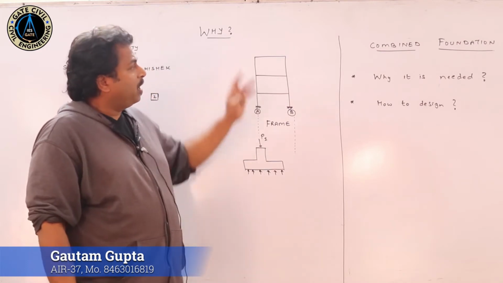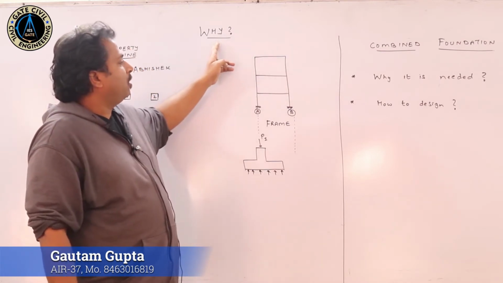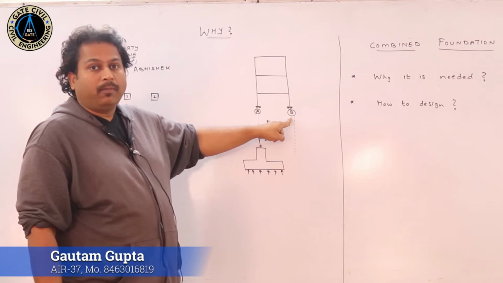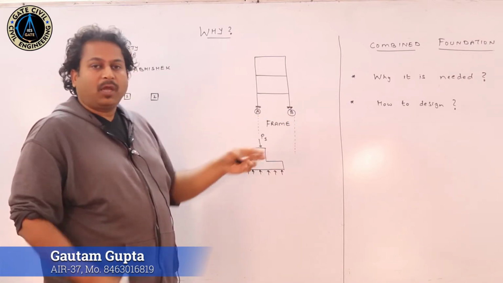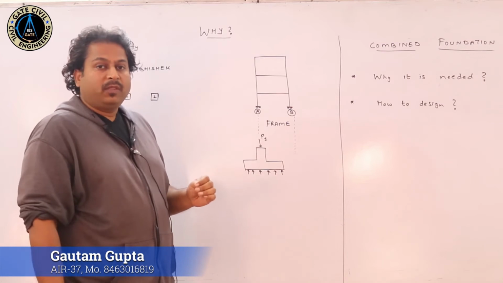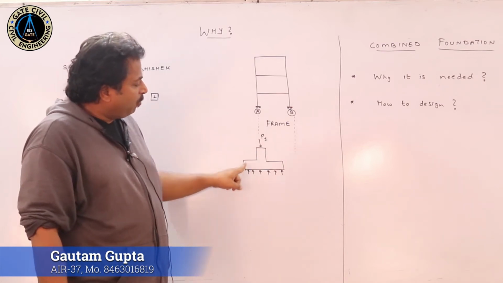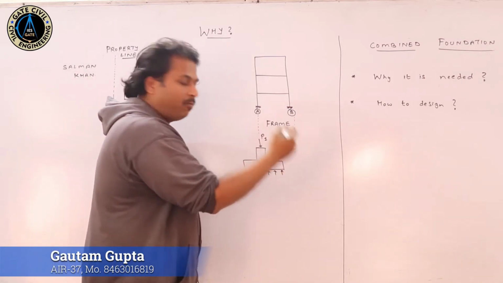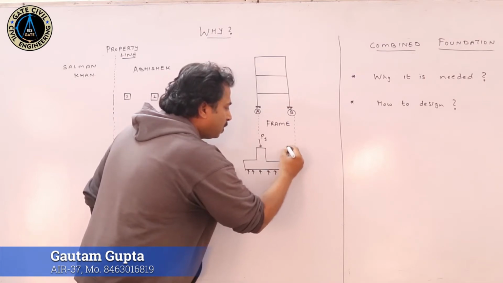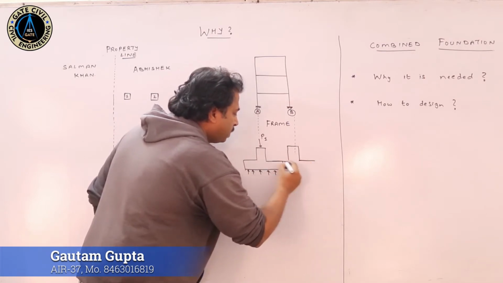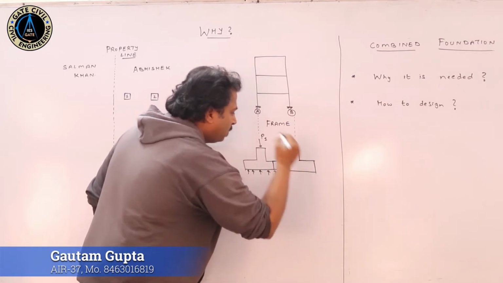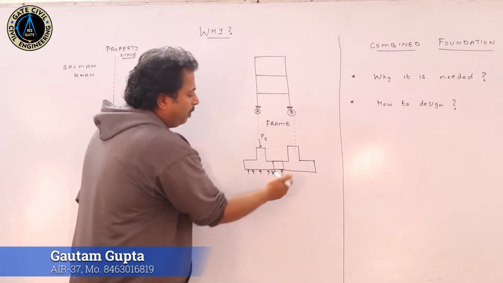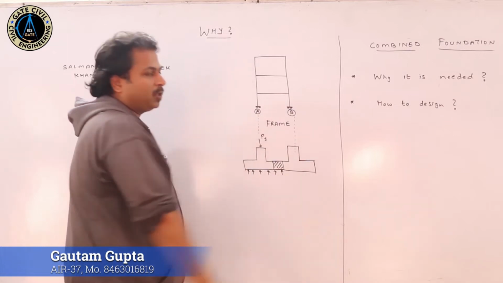Now, as we asked, why is it needed? As you can see, there are two columns, column A and column B. If these two columns are placed very close to each other, then there are chances that the foundation system for column A and the foundation system which I will be making for column B, this one, will overlap each other.